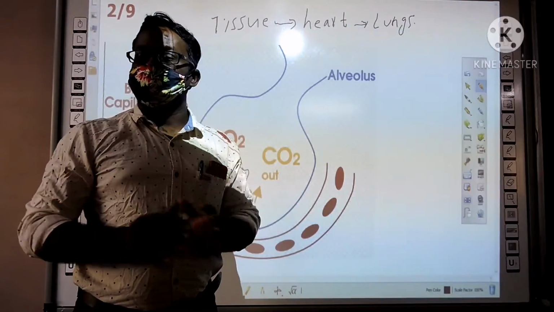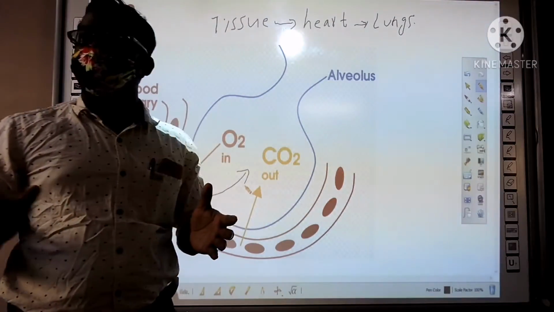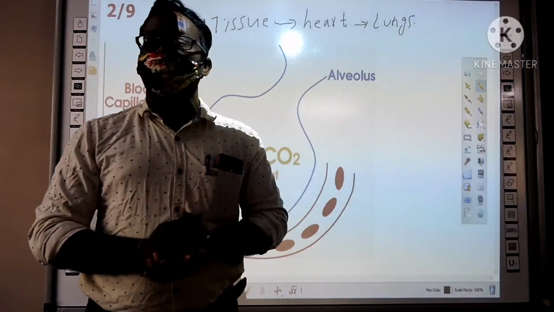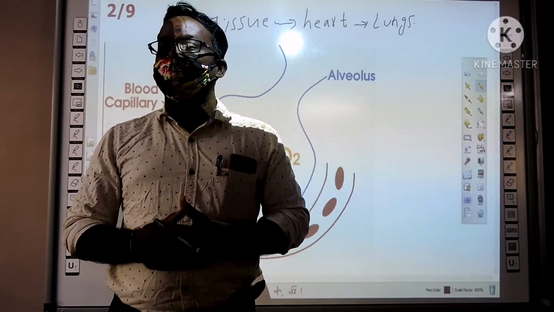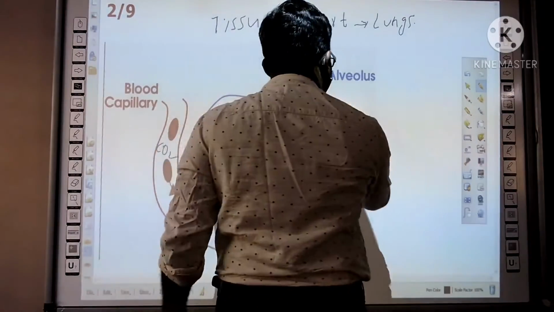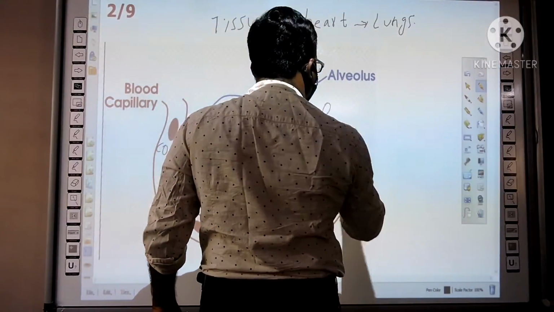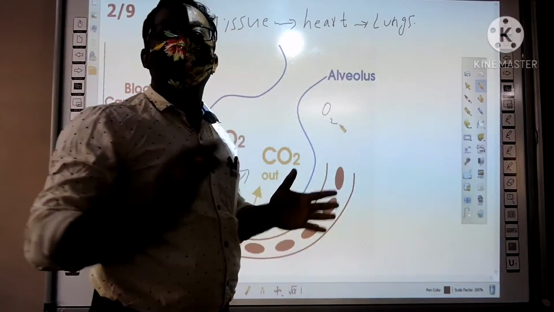Okay, due to this respiration process, there is a change in the composition of air. The air we breathe in has various amounts of gases. For example, let us see oxygen. What is the percentage of oxygen in the air normally? 21%.